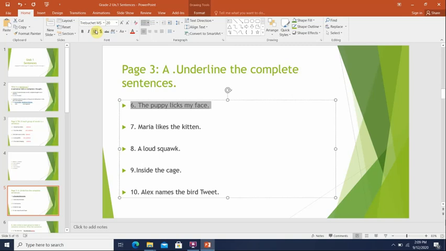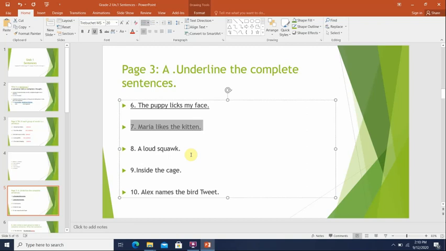Number 7 is also a sentence because it tells you what Maria likes. So we will underline. Number 8, a loud squawk. It only mentioned a loud squawk. So number 8 is not a sentence. We will leave number 8 as it is.